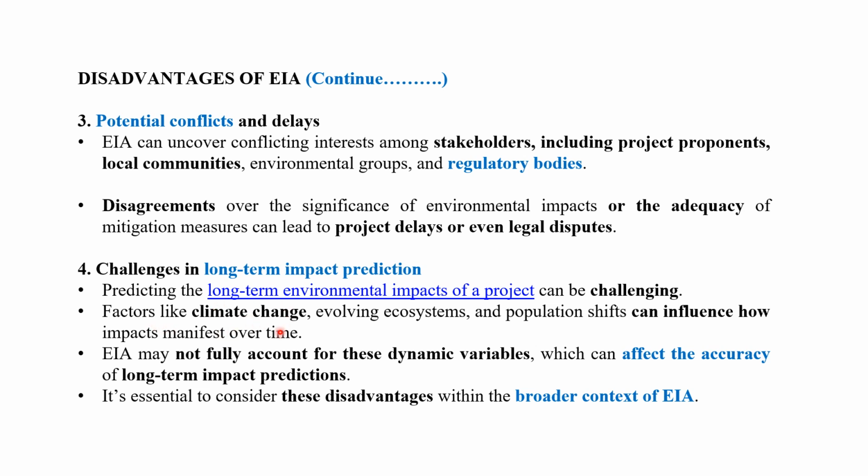Factors like climate change, evolving ecosystems, and population shifts can influence how impacts manifest over time, and they are going to change over time. So EIA may not fully account for these dynamic variables, which can affect the accuracy of long-term impact predictions. It is essential to consider these points within the broader context of the area.